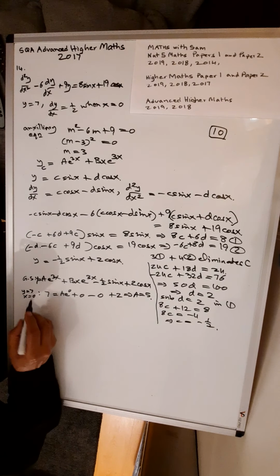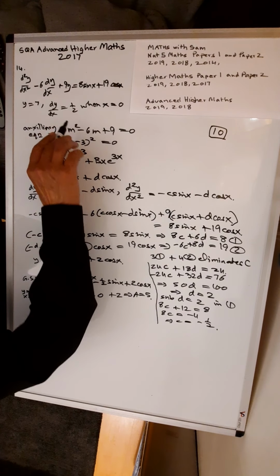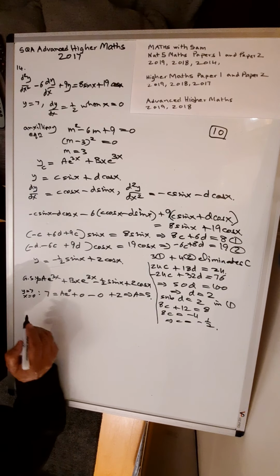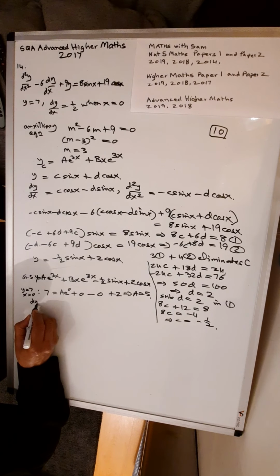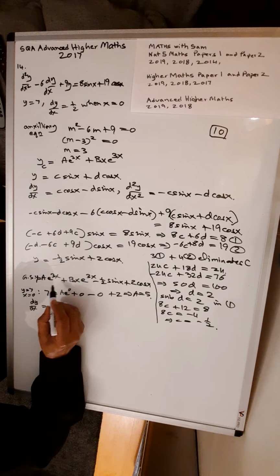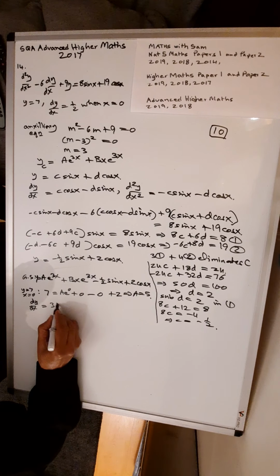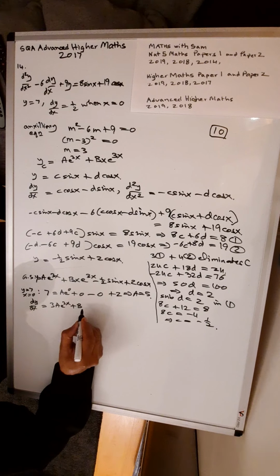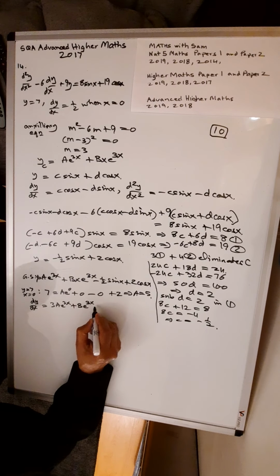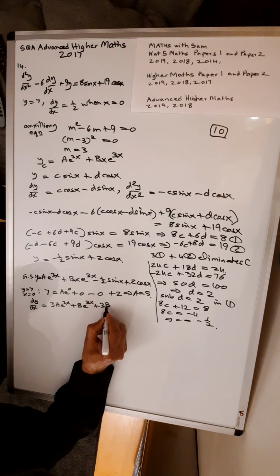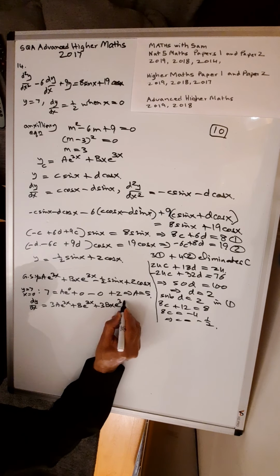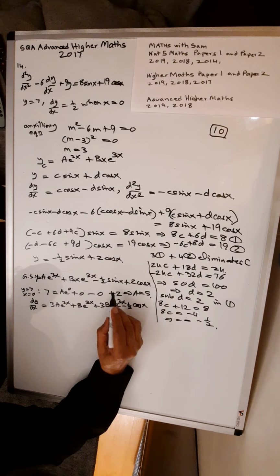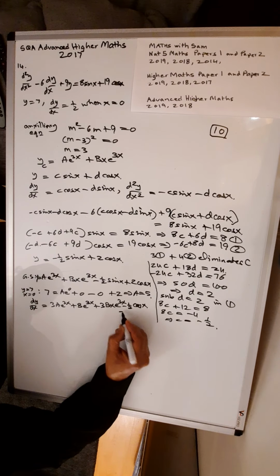So now you use the differential that you're given, dy by dx is equal to half when x is equal to 0. So you need to differentiate this first. So dy by dx is equal to, you bring the 3 to the front, 3a e to the 3x plus b e to the 3x plus 3bx e to the 3x minus a half cos x minus 2 sin x.